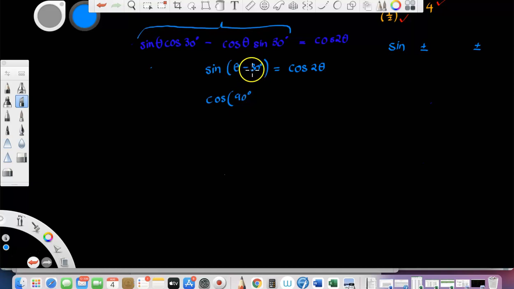So 90 degrees minus 30 becomes plus 30, and 90 degrees minus theta. There we go. Now everything is in terms of cos. So I'm just going to simplify this. This just becomes cos of 120 degrees minus theta is equal to cos of 2 theta.